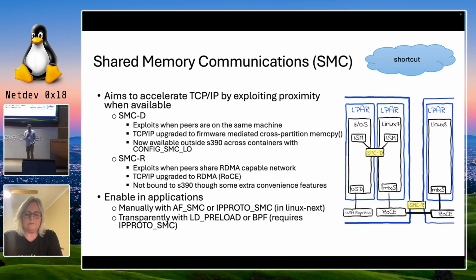But now with IPPROTO_SMC, you can instead use a BPF program that can do whatever BPF does to determine that it should apply this and use proto SMC instead of TCP/IP. Then you get this nice, hey, we are on the same machine, let's just do memcopy. Memcopy here is a memcopy by the hypervisor firmware, or rather by the machine firmware now. Next slide.